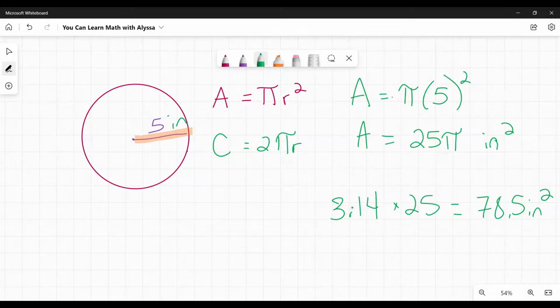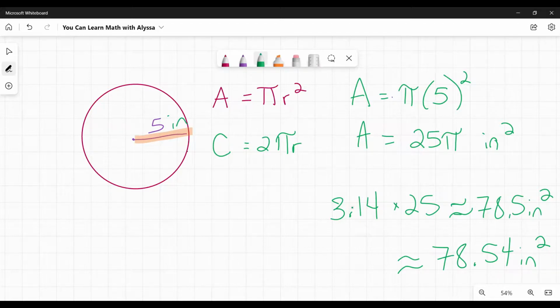Still, other teachers may say, I want you to use the value of pi in your calculator. Use that little pi button. In that case, they'll tell you how many spaces they want you to round your answer to. So in that case, I type in 25 times pi button equals, and let's say they wanted me to round to the hundredths place. I should be using this, approximately equal to, 78.54 inches squared.